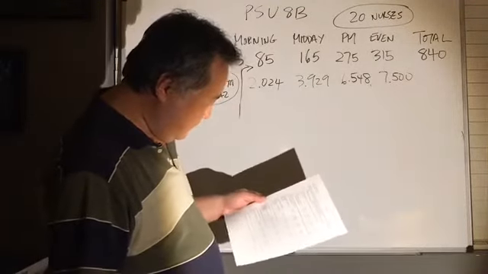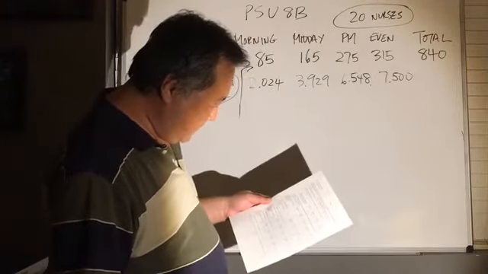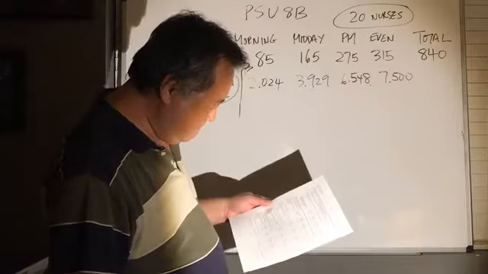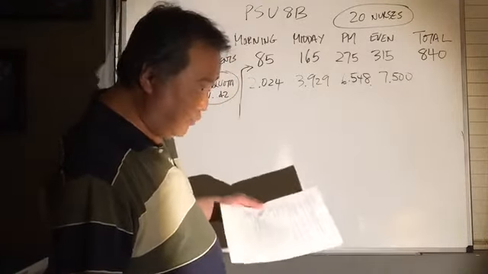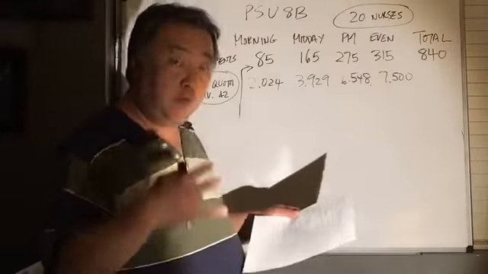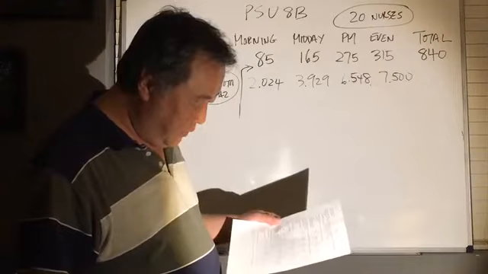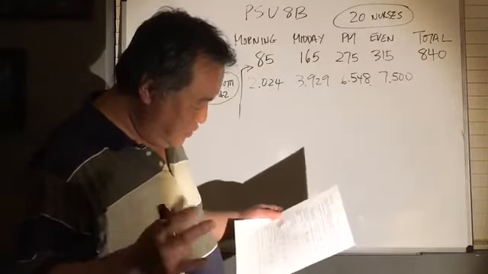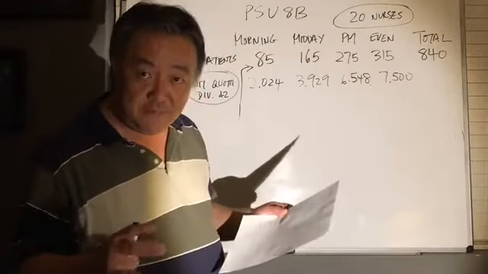And finally, Webster's. Webster's method, I believe, is the one where you round up or down. You're going to round up or down, and then adjust the divisor accordingly.